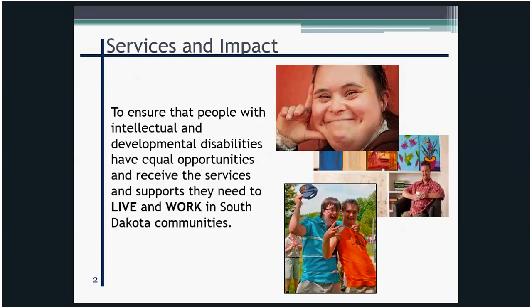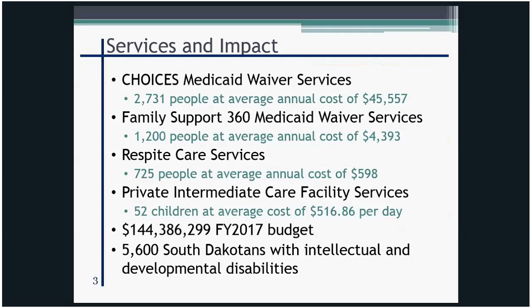And we support people through various programs within the division, which on the next slide we kind of get into, and I'll discuss a little bit more detail about each program. The Choices Medicaid Waiver serves about 2,700 people at an average annual cost of just over $45,000. And through this waiver program, we certify and fund 20 now community support providers across the state in 16 communities with IDDD.